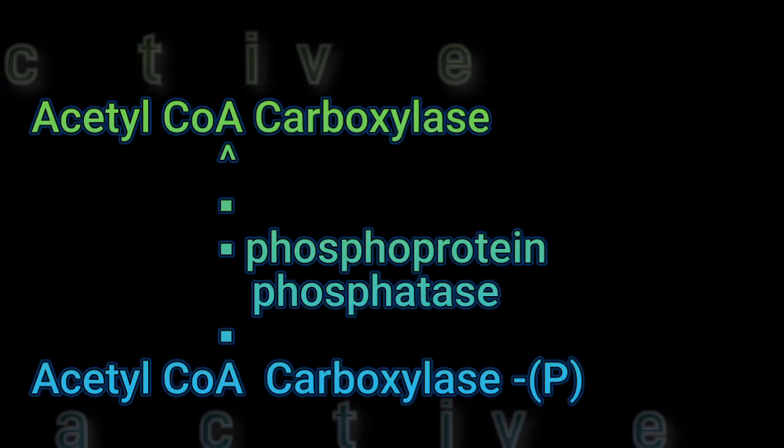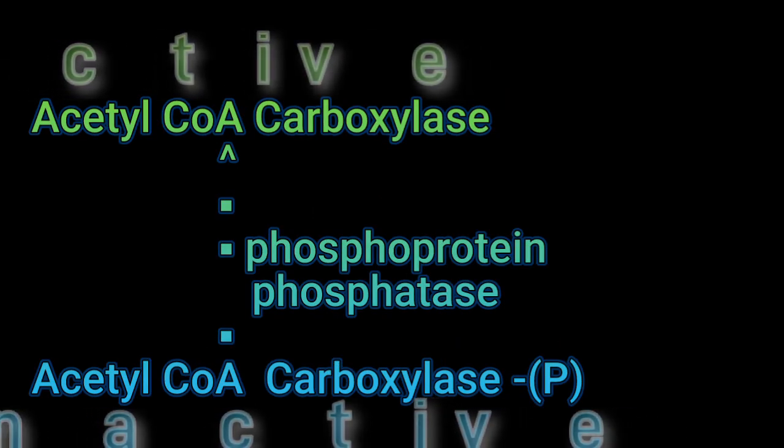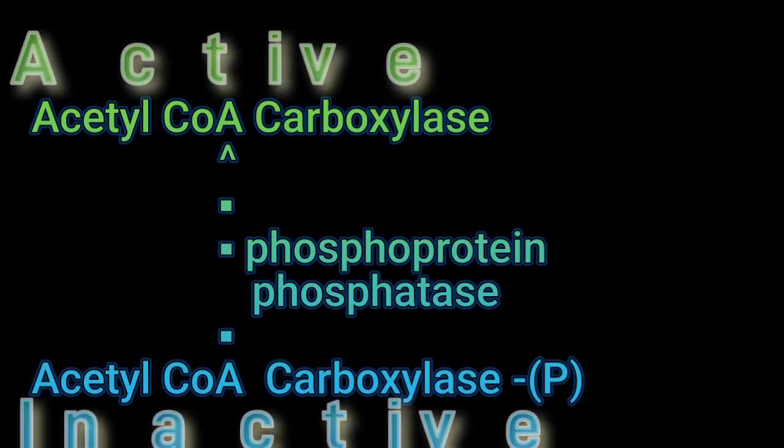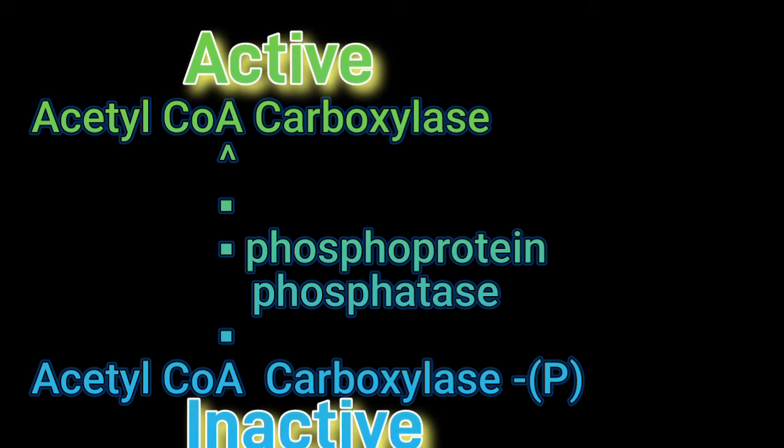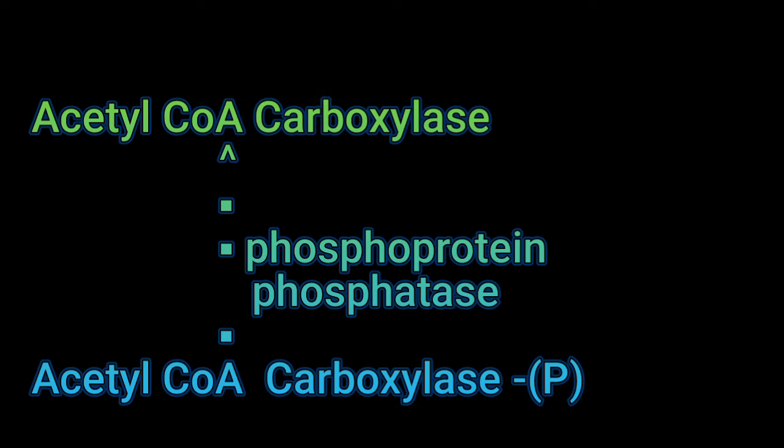Conversely, acetyl-CoA carboxylase is activated by dephosphorylation by a phosphoprotein phosphatase. So acetyl-CoA carboxylase, in summary, is activated either allosterically by high levels of citrate in the cytoplasm or covalently by dephosphorylation by phosphoprotein phosphatase in the cytoplasm.